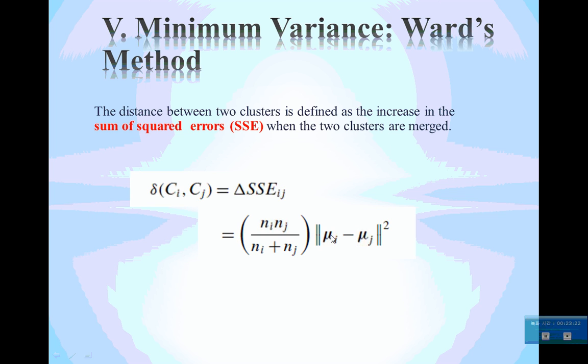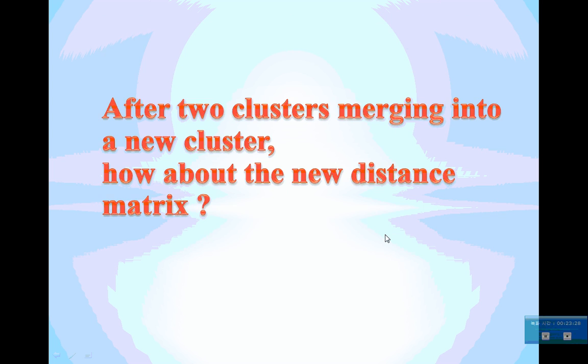Here's another kind of distance, but more complicated. In the first step we have Ci and Cg, these 2 clusters combined into a new cluster Cig.